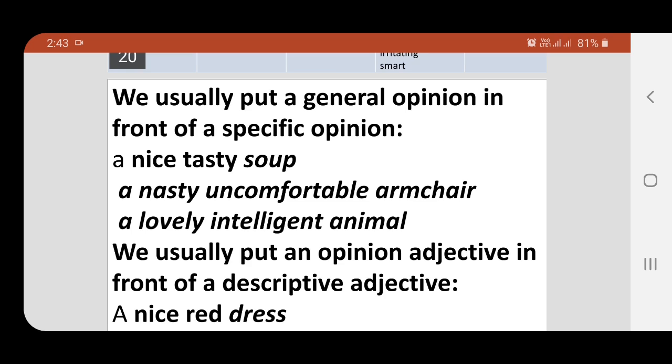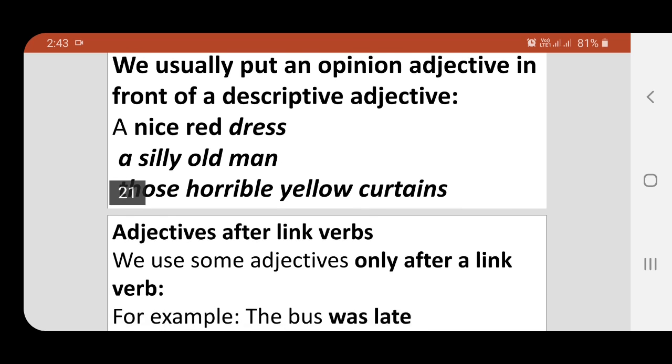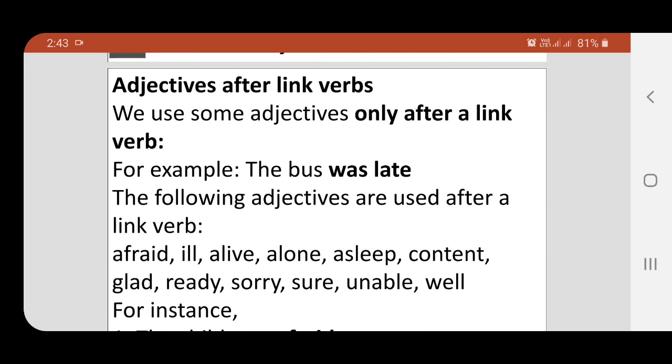Similarly, we are using adjectives after link verbs. We use some adjectives only after a link verb.